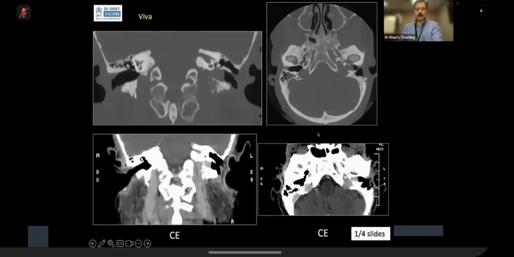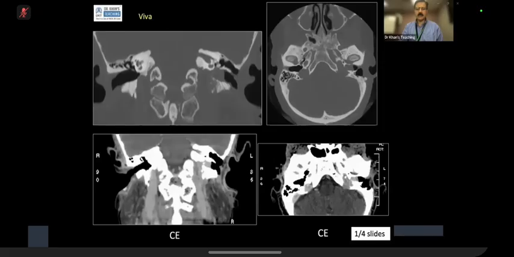Now, a key point to remember: the top differential diagnosis in a jugular foramen tumor is glomus tumors as well as a schwannoma, because the nerves are also passing through.